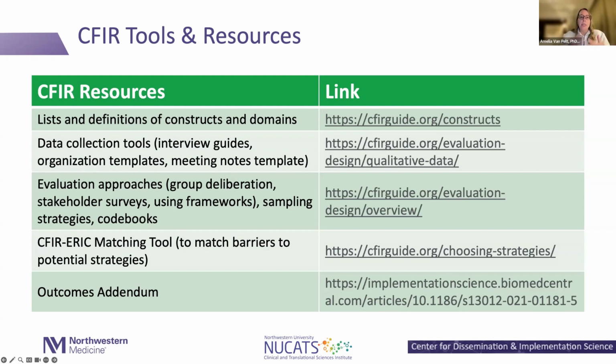There are also sample data collection tools, so it can give you an idea for how to actually develop CIFR-informed questions. And a lot of other interesting resources, but want to highlight the CIFR-ERIC matching tool, which you may want to come back to next week or next lecture after we talk about implementation strategies, because it can help you show how you can have implementation determinants and strategies work together.